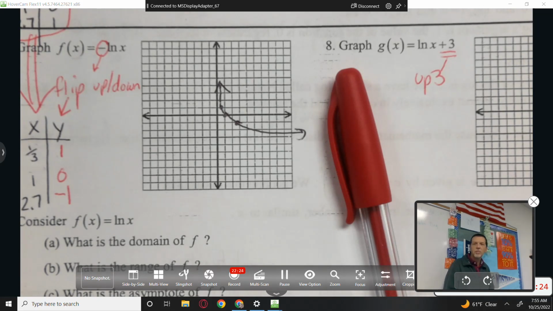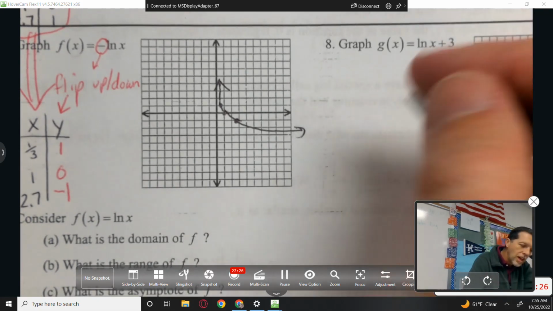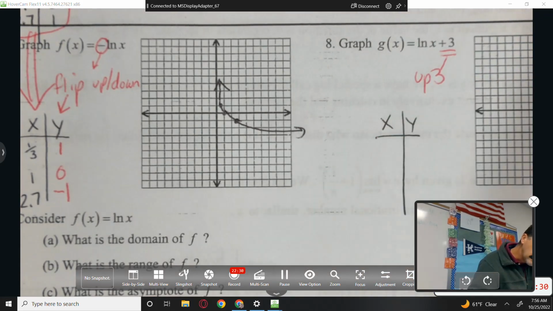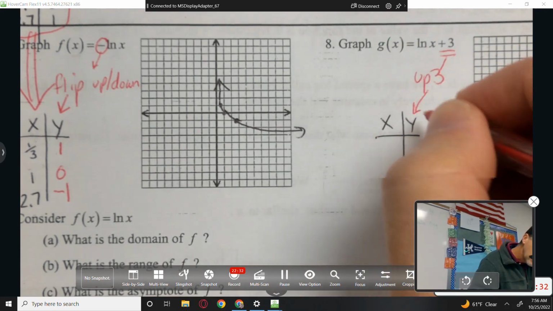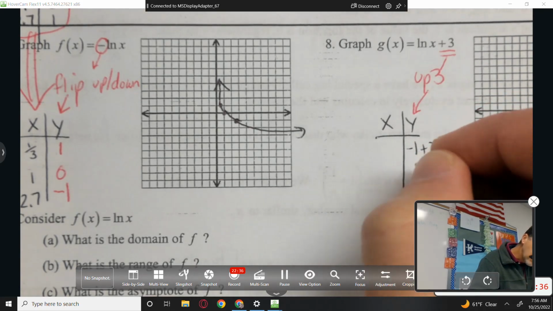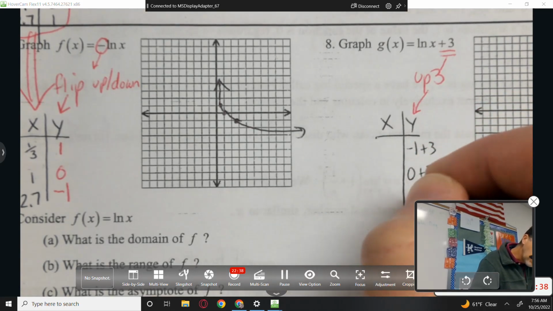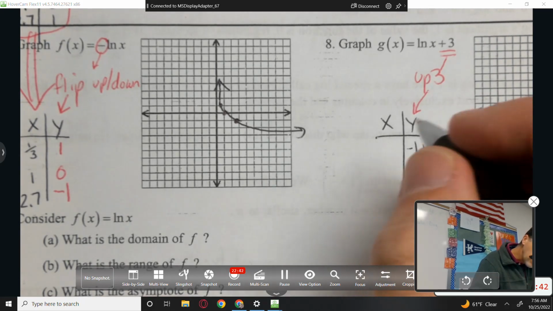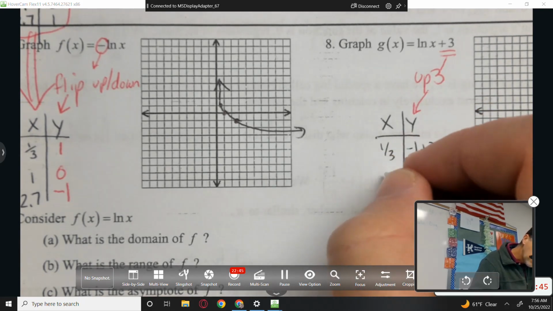Yes, it is an up 3. So that means we'll tweak our y values by 3. So -1 + 3, 0 + 3, 1 + 3. Our x values are the same.